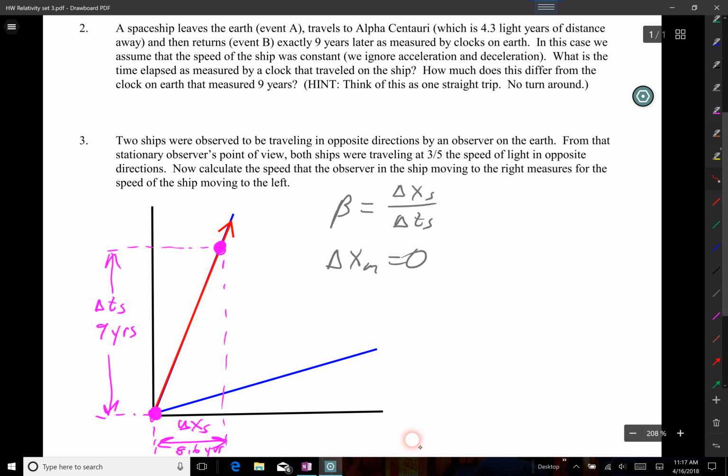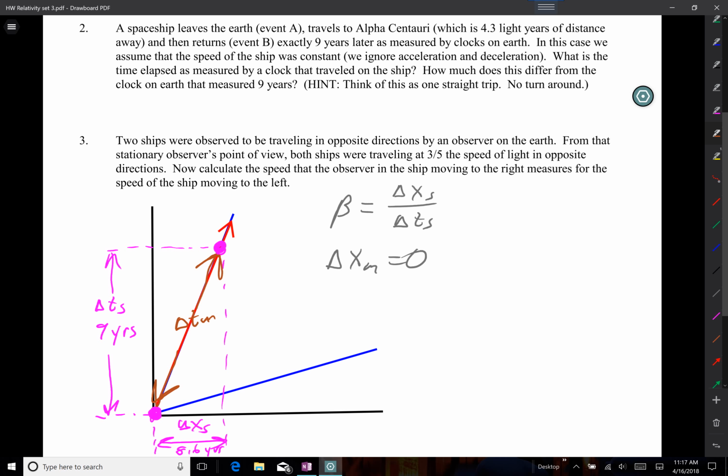How much time has passed in the skewed reference frame? This is delta Tm. That's the question. How much time passed for the travelers on the spaceship?